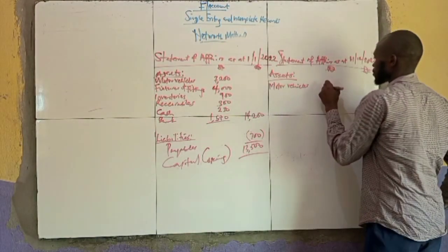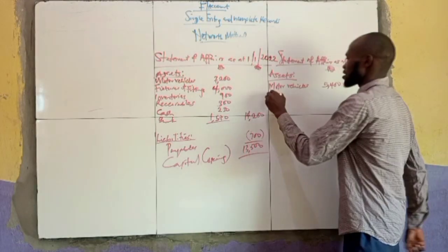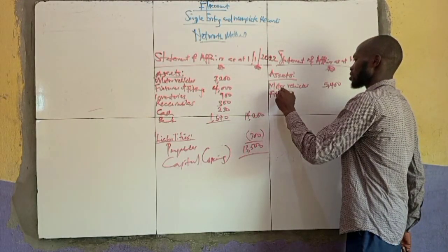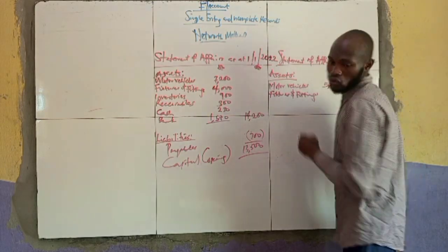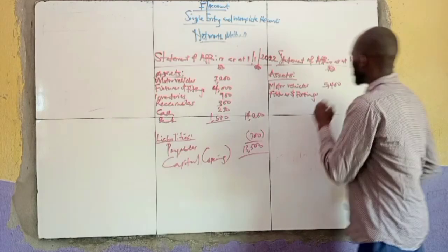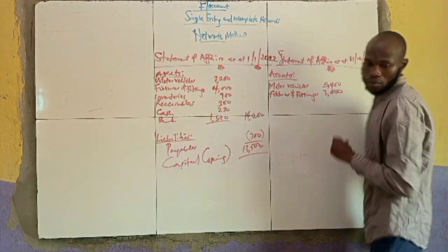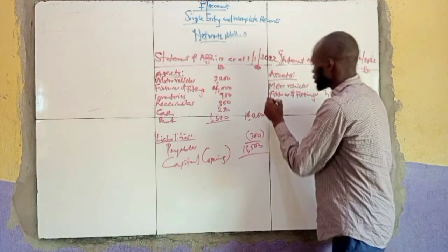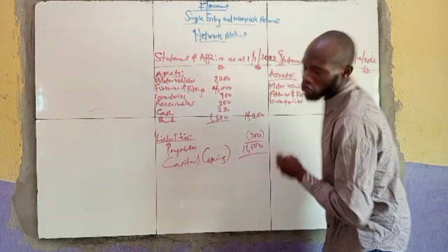5,400. Our pictures and fittings is 3,000. Inventories 2,000.